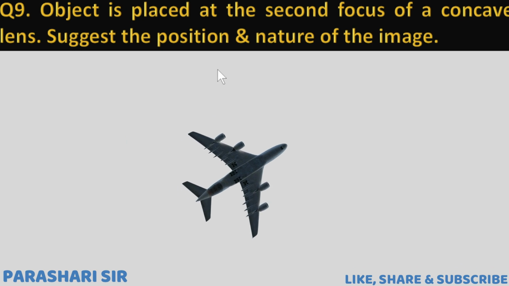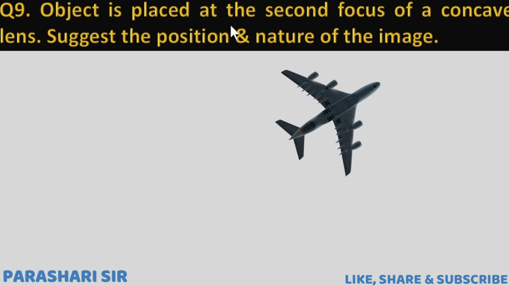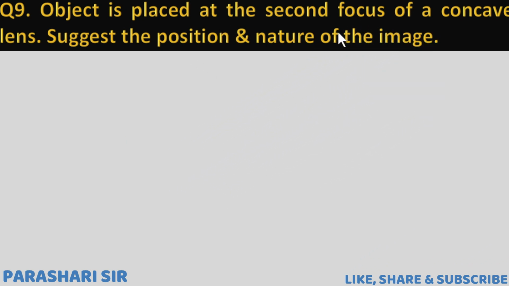So the next question for you is, object is placed at the second focus of a concave lens. Suggest the position and the nature of the image. This happens to be a very unique situation because for the case of convex lens, if you place an object at the focus, this image is formed at the infinity, but this will not be the case over here.